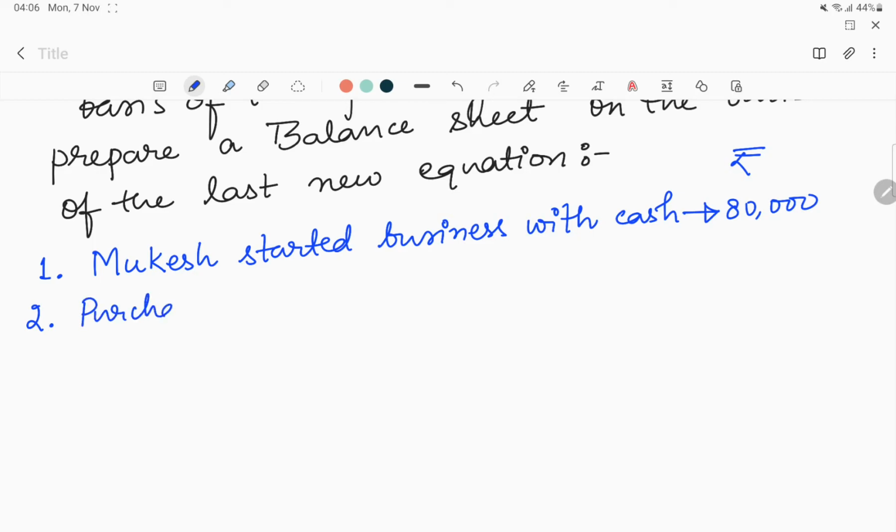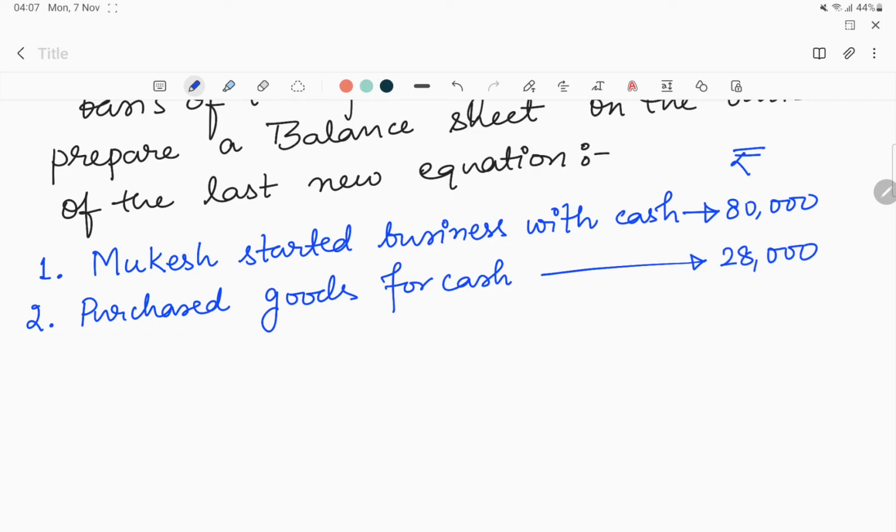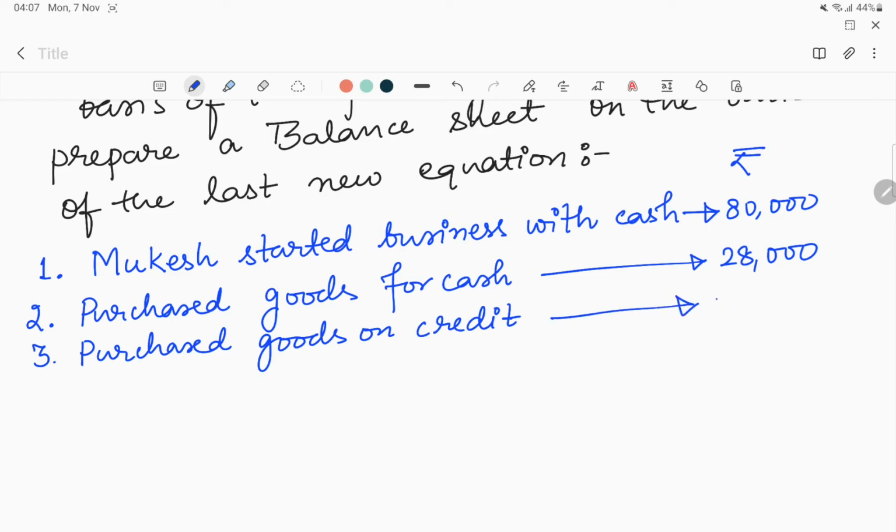He then purchased goods for cash, and the goods cost 28,000 rupees. Then he purchased goods on credit. This cost him 20,000 rupees.